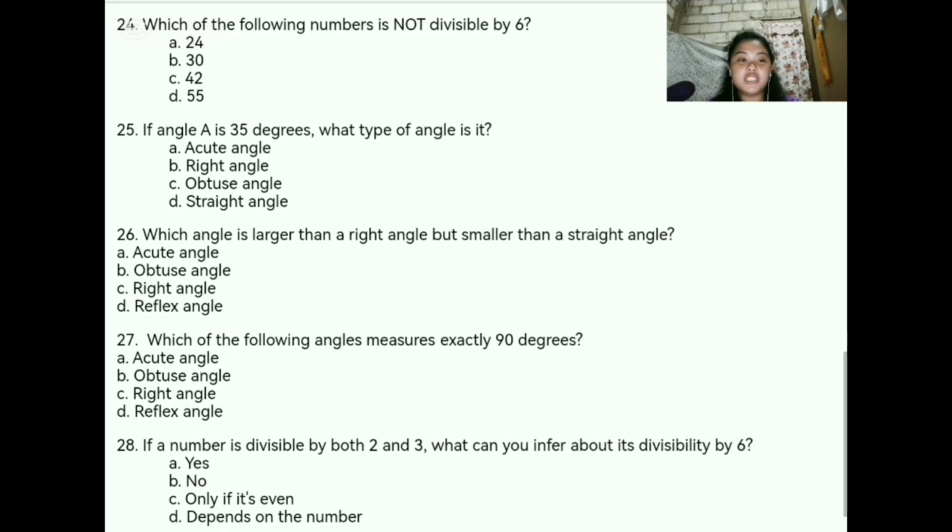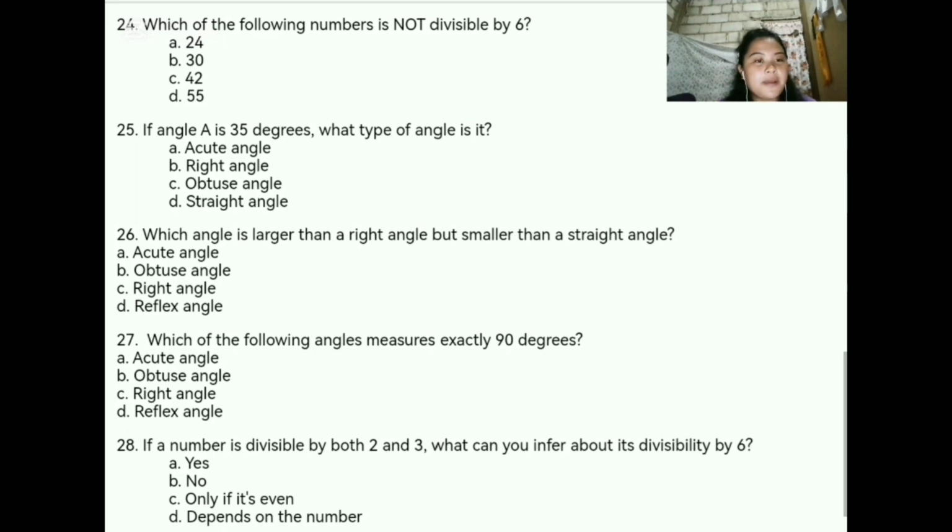How about letter D, reflex angle? So reflex angle is also incorrect because a reflex angle measures greater than 180 degrees but less than 360 degrees. Again, the correct answer of number 27 is letter C, right angle.